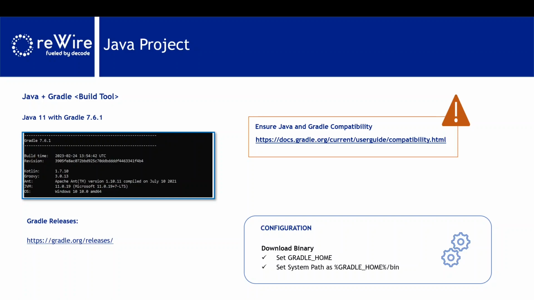If there are issues, it will throw compatibility errors. So I'm making sure that whoever is configuring JDK 11 can use Gradle version 7.6. For your convenience, I also provided the link to see the compatible versions between the Java JDK and Gradle.